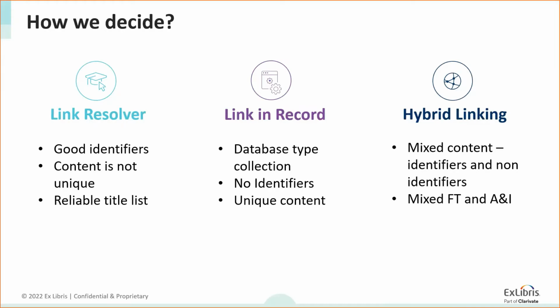And when I say no identifiers, it's not only 100% missing identifiers, but also mixed content that does not allow us to use the link resolver safely. In these cases, we will choose the linking record. Another thing that we look at when we decide is the uniqueness of the content.